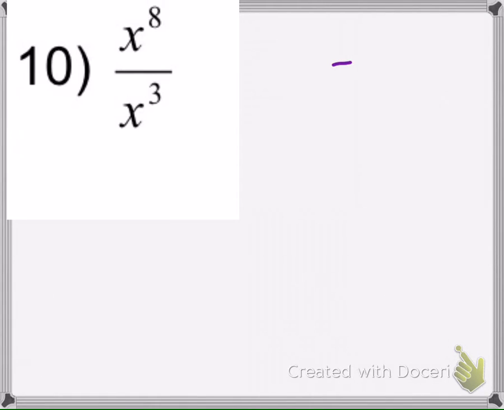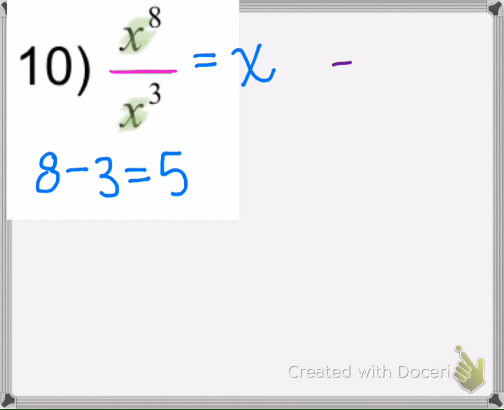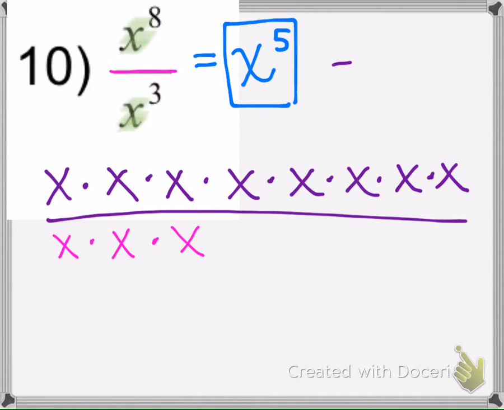Alright, so if we use the rule, if the bases are the same and we're dividing, which we are, the rule is to take the top exponent, subtract the bottom exponent. So this would equal x to the 5th. Now again, the rule is to subtract. It helps us go faster, but if ever you're stuck on a test or you're doing problems, write it out.